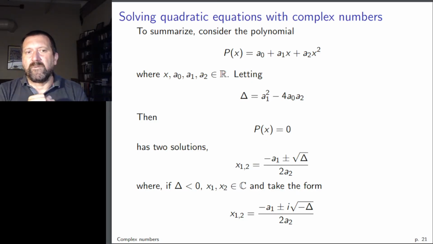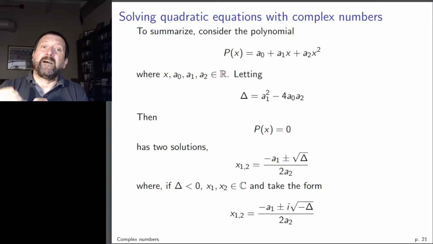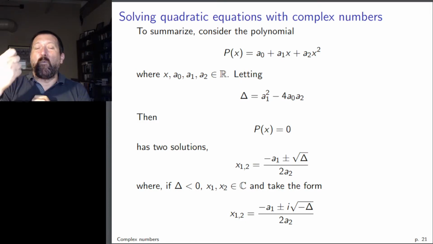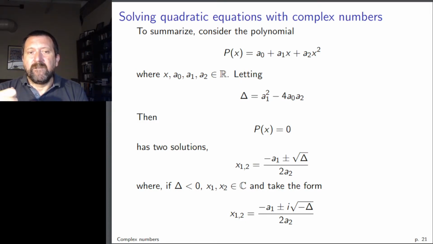So let's consider the problem again. We have our polynomial, we have our coefficients and x in R, and now we're looking for a solution x that is not necessarily in R. So we compute the discriminant, delta equals a1 squared minus 4 a0 a2, and we say p of x equals 0 has two solutions, x1,2 equals minus a1 plus or minus square root delta over 2a, where if delta is negative, x1 and x2 are complex, and they take the form of minus a1 plus or minus i times the square root of minus delta.